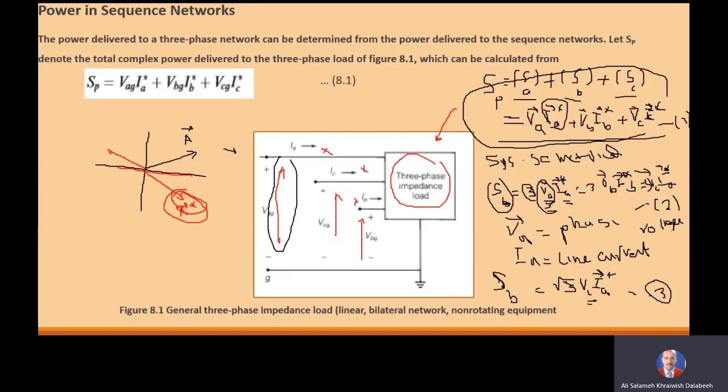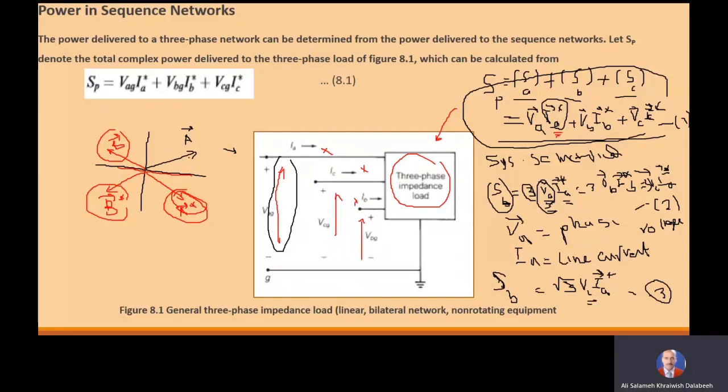Suppose we have a vector B. The conjugate of B is the picture of B. This is the conjugate of B, and the conjugate of this vector is B. You should understand this. And we use here the conjugate of currents, not the current itself.